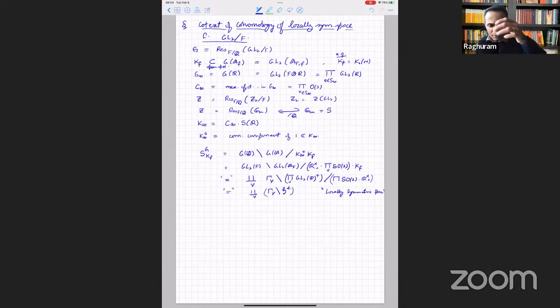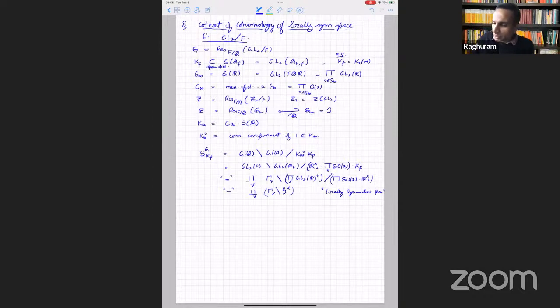You have to worry about this open compact needing to act. You see, my space H^d is simply connected, homologous to a point, so I'm going mod some discrete subgroup. Now for this to be a covering map, I want this discrete subgroup not to have torsion elements. That I can always arrange by shrinking my K_F to have a deeper K_F of finite index in any given K_F, so that none of the gamma nus have torsion.